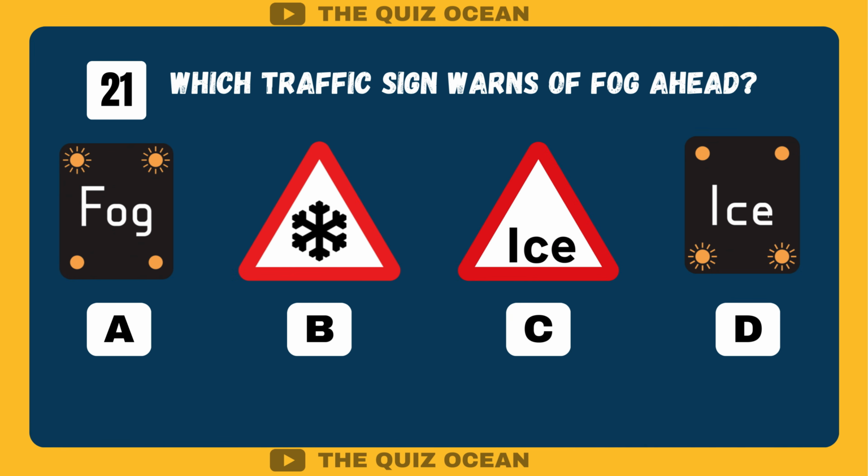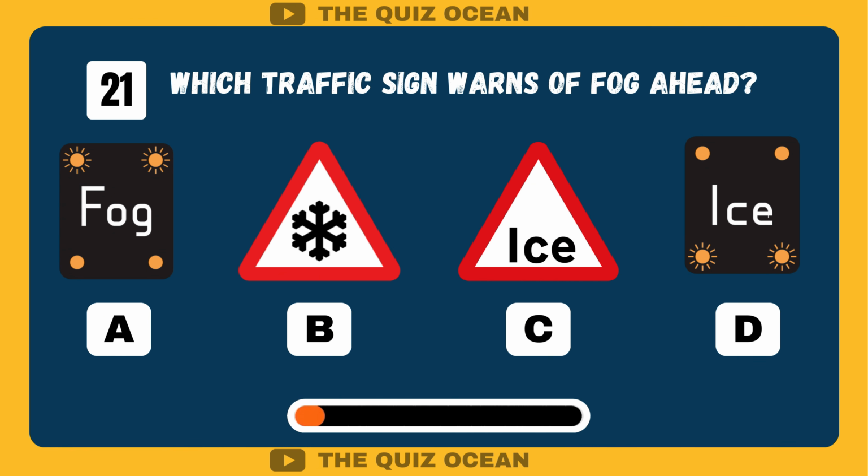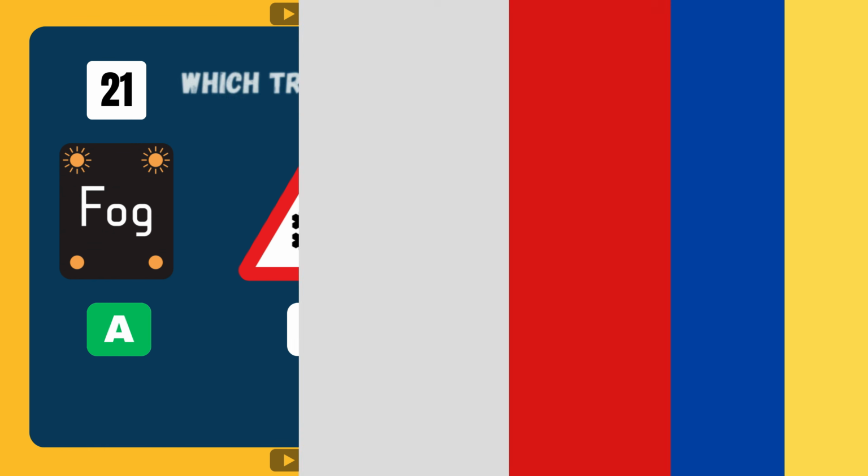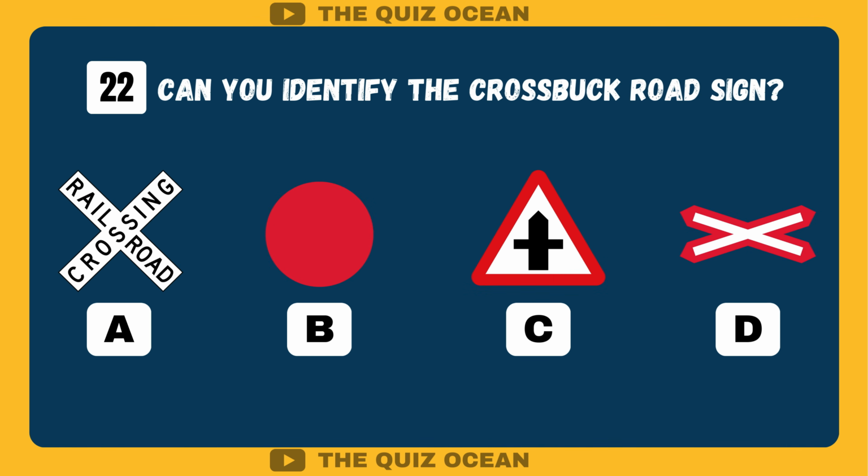Question 21. Which traffic sign warns of fog ahead? The answer is A. Question 22. Can you identify the crossbuck road sign?